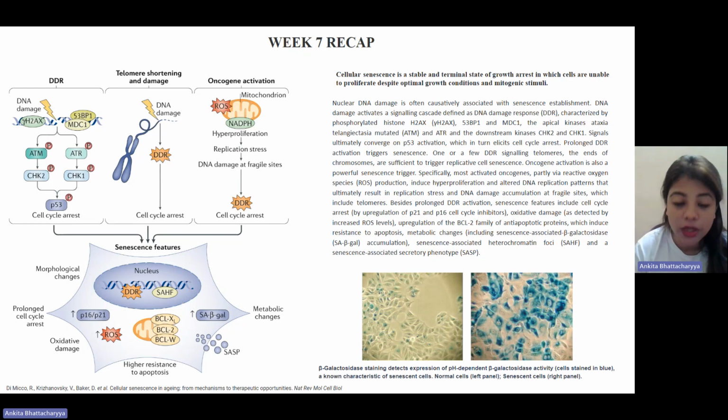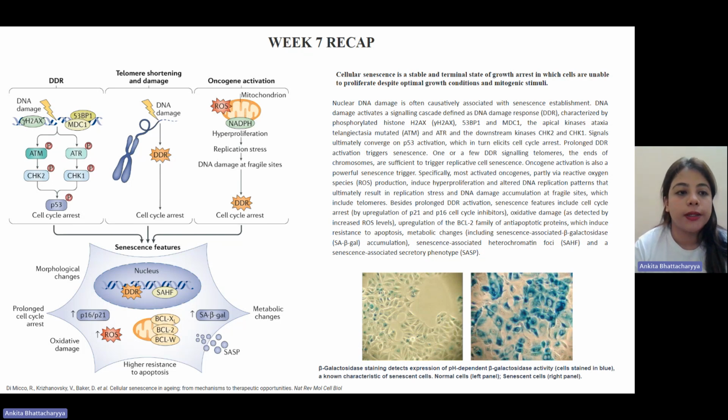It's a wonderful review with a very wholesome description, a very comprehensive idea of what senescence is, what its implications are, and what the current updated status is, how research is being carried out in this field, and in what directions you can look at research if that is something of interest to you. I've mentioned it below. It was published in Nature Reviews Molecular Cell Biology, and it is a beautiful description of this entire topic.